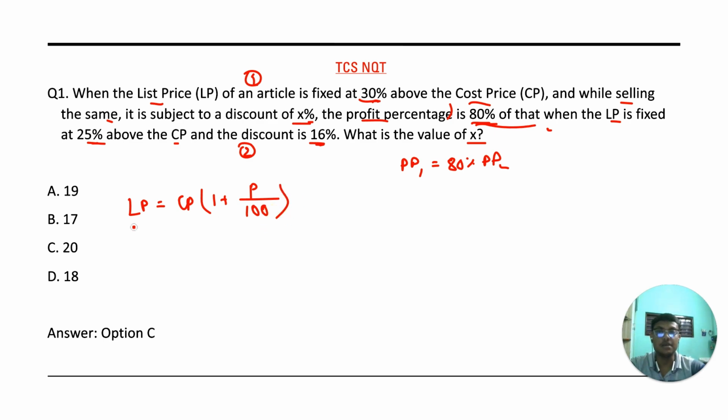So list price is nothing but the MRP that you see over the label of any item that you buy. Next is selling price. So selling price can sometimes be calculated using the same formula as list price when there is no concept of discount, but when there is a concept of discount, then we use this formula for calculating selling price. Selling price equal to list price into 1 minus some discount percentage divided by 100.